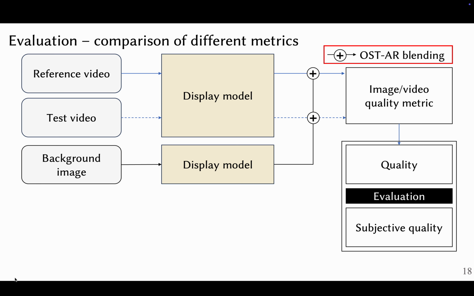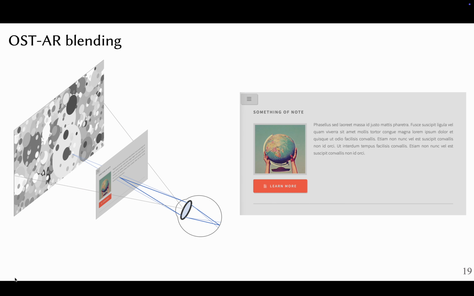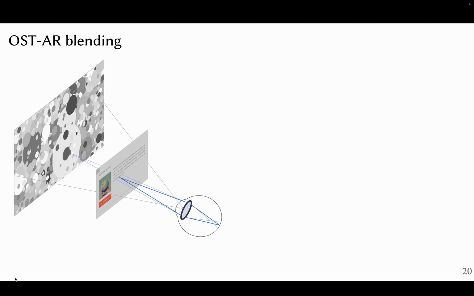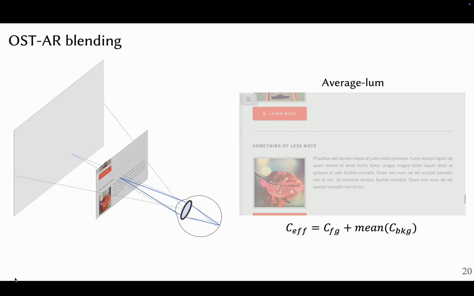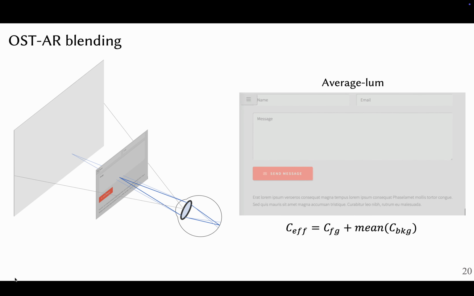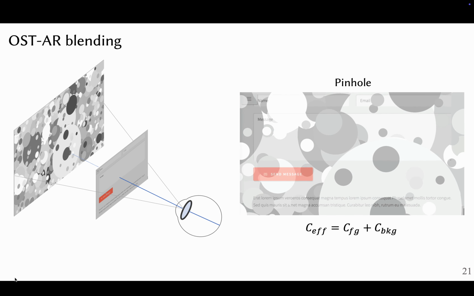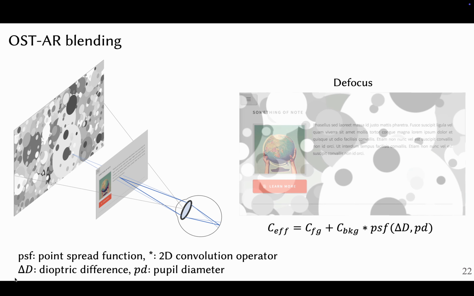So we've explored every type of blending that we could think of under reasonable circumstances. The simplest type of blending would be simply discarding the background and pretending it isn't there. The second simplest would be to discard the background pattern and just assume that it's raising the black level of the image. Following that, we could use a pinhole camera model to simply superimpose the images.